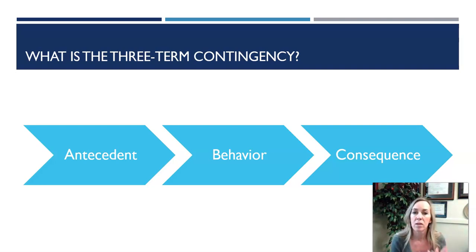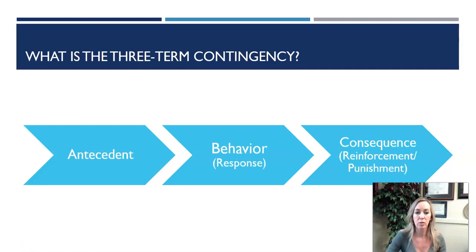So we have to think about the environment, setting the student up for success, setting the student up to engage in the behavior we want to see, making the behavior we don't want to see not work. So there are things that we can do to make this a little bit easier and get out of that cycle of constantly having to reevaluate consequences.